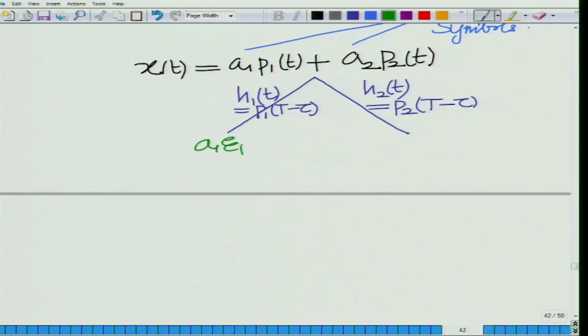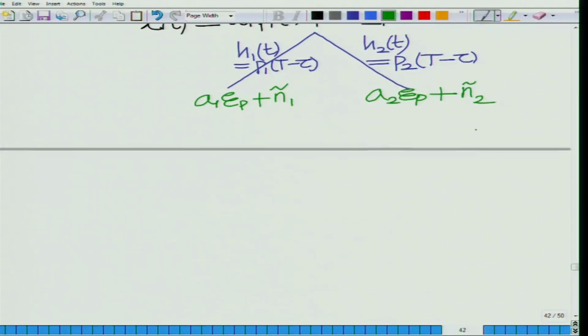So, this will give us A1 times Ep, where Ep is the pulse energy, which is equal to 1, plus noise N1 tilde, and this will give us A2 times Ep. When you match filter with respect to P2, the component along the signal space direction P1(t), that is a component along pulse P1(t), will vanish, and we get A2 times Ep, where A2 is the component along the signal space pulse P2(t), Ep is 1, plus the noise N2 tilde.